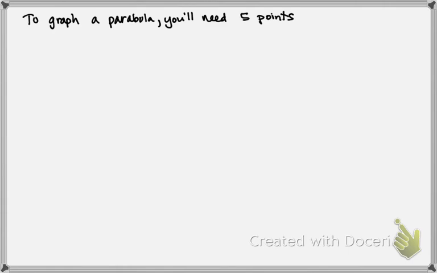So we're going to use something called a T-chart. And a T-chart is simply something that looks like a big T, where we're going to have X's and we're going to have Y's.